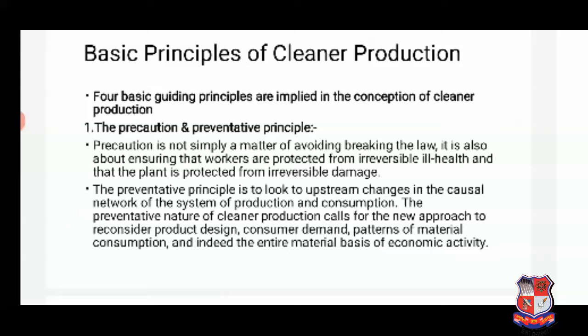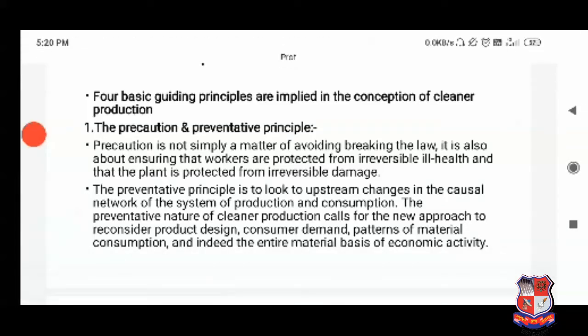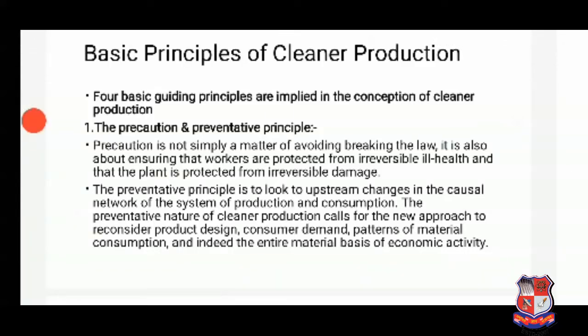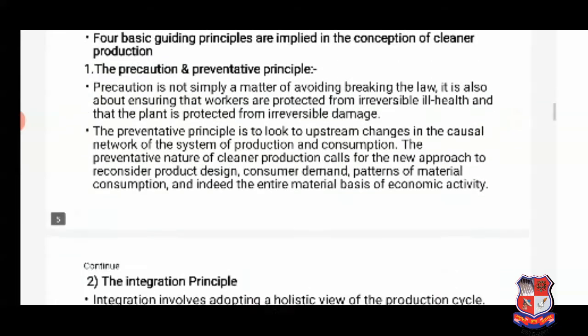The preventive nature of cleaner production calls for new approaches to reconsider product design, consumer demand, and material consumption, and the entire material basis of economic activity. These are the points involved in the precaution and preventive principle.